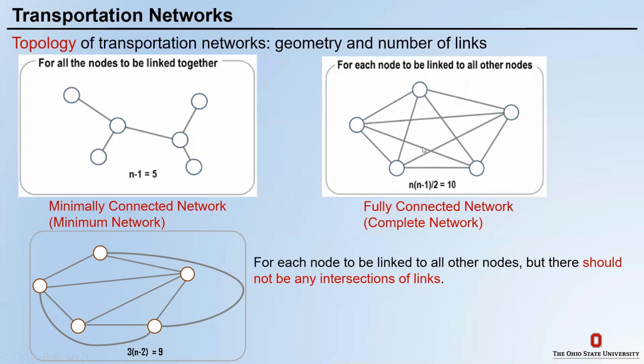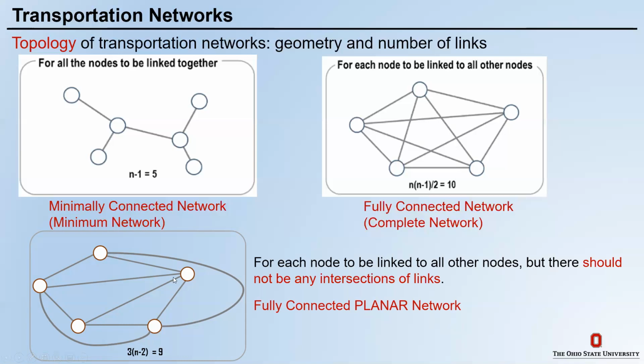So for complete network, we can say there are multiple intersections among links, which means that they can intersect with each other. But here you can see for this network, we have two very strange links, right? They are not linear, but they're still connecting two nodes. Okay, and this type of network is called fully connected planar network.